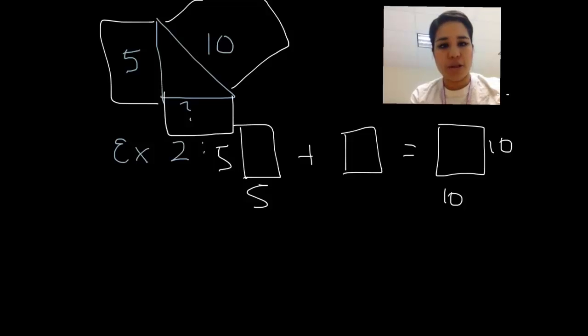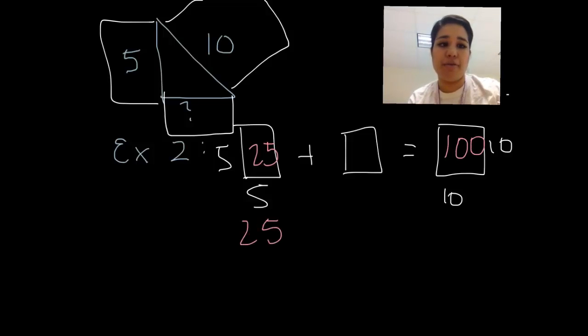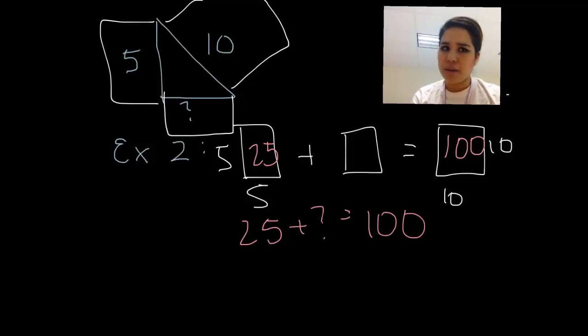So let's say for this first one, 5 times 5, we can find the area. That's 25. I don't know that second one, so I'm just going to go ahead and leave it blank. I know the area of C because 10 times 10 is 100. So far, all I know is that 25 plus something is equaling 100. Well, let's go ahead and find that area. We know how to work backwards.